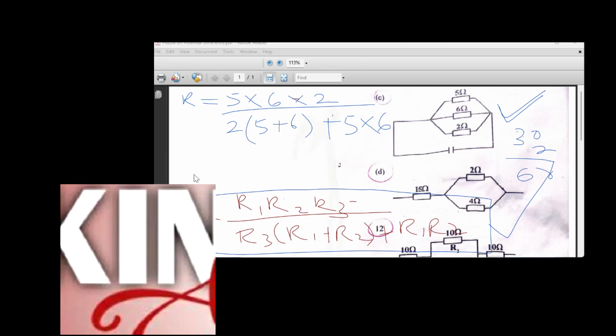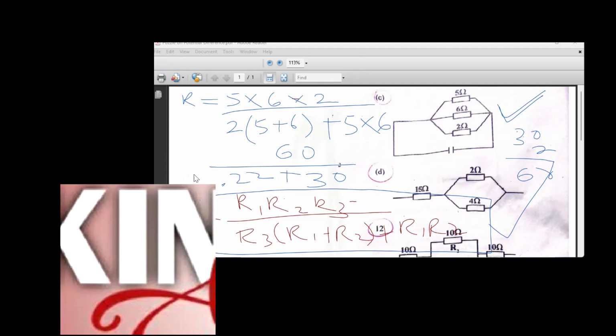So we have 60 divided by 22 plus 30. 5 plus 6 is 11, 11 times 2 is 22. Is that correct now?